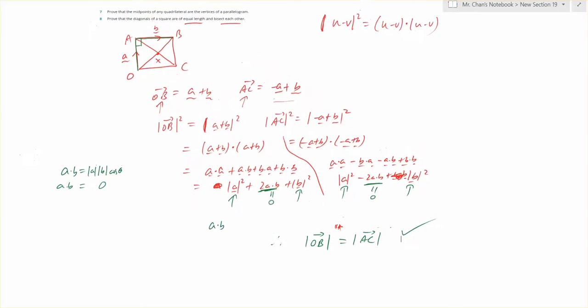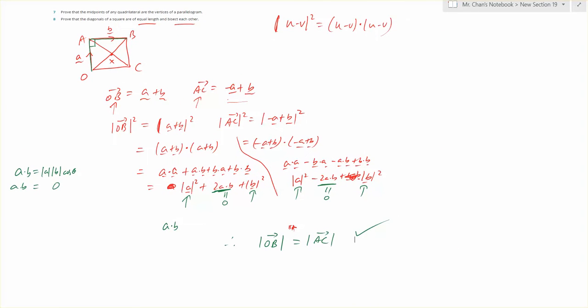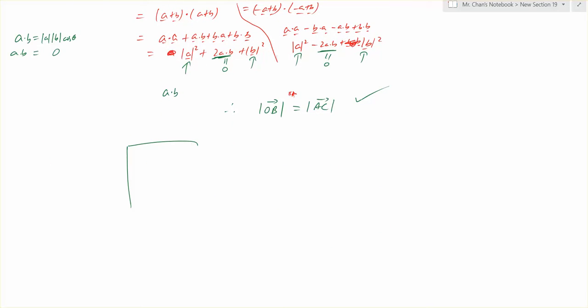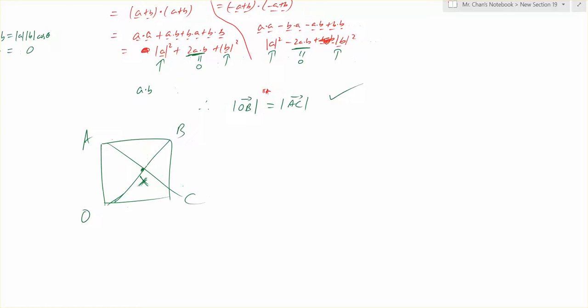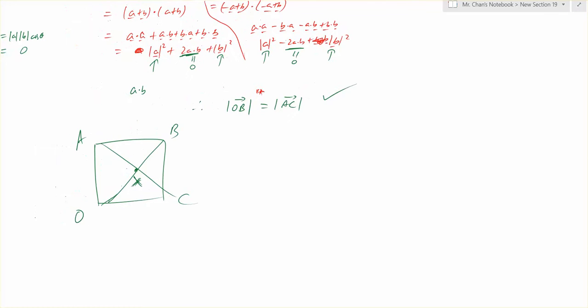Now, the second part is a bit more tricky. We need to prove that they bisect each other. So I'm going to draw the shape very roughly again. The intersection of the diagonals of OABC, we'll call X. The way I'm going to show that they bisect each other is to find out what OB actually is first.